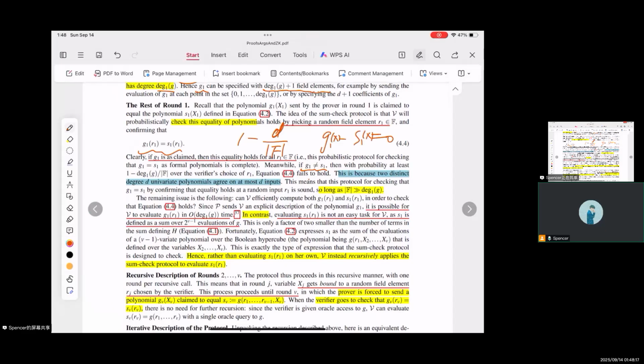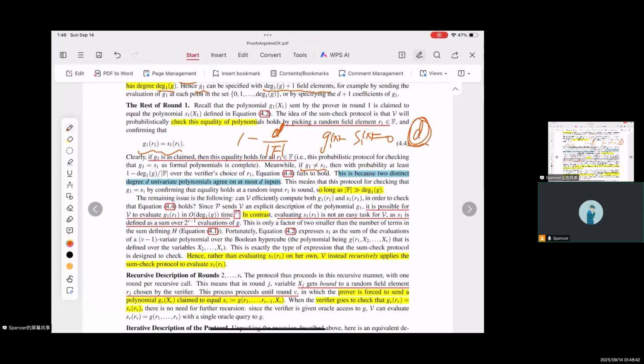So what's the degree of this equation? It is just d. So how many solutions does this equation have at most? If its degree is d, there will be at most d solutions.